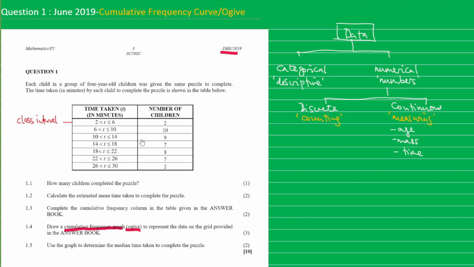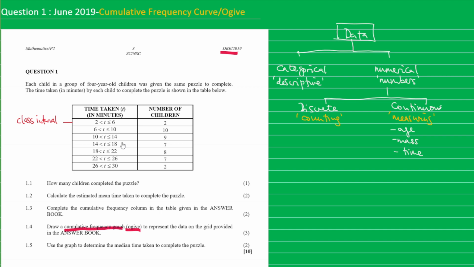I want you to be alert that when we are working with continuous data, we tend to group our data into what are called class intervals, like what we are given here. And the cumulative frequency curves, I'll explain further on that. We draw or plot cumulative frequency curves when our data is continuous like this.